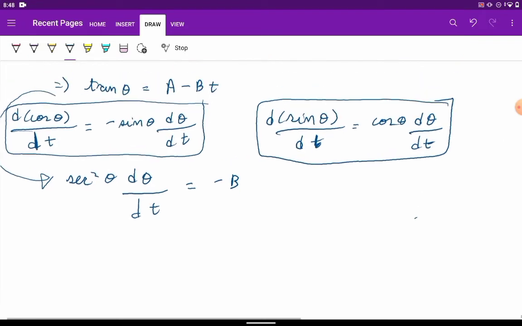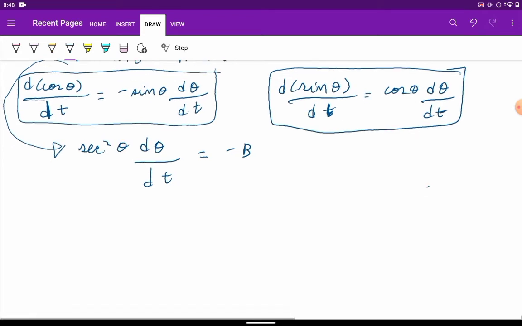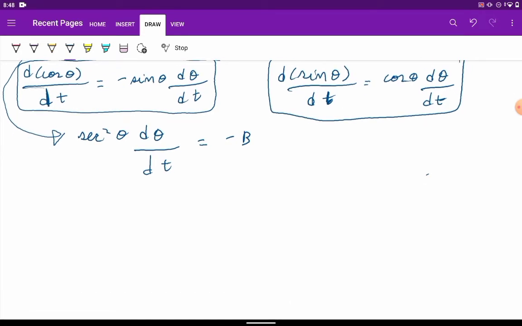So we get d theta by dt is equal to minus B cos square theta.